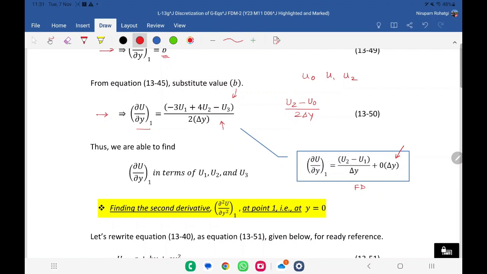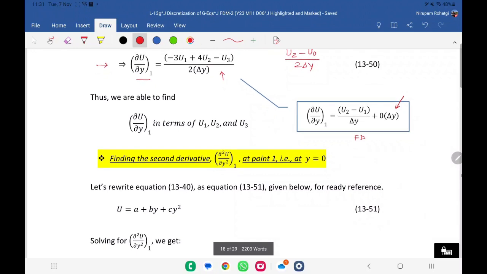We are not using here, we don't know what are the other terms. We have gone in a different way here, right? So what do we do now? We try to find out the second derivative. So there is one more thing, second derivative.